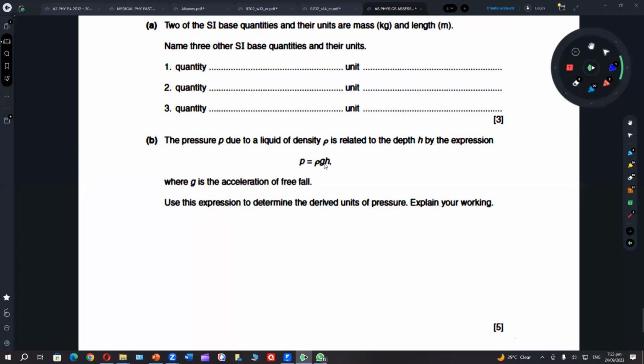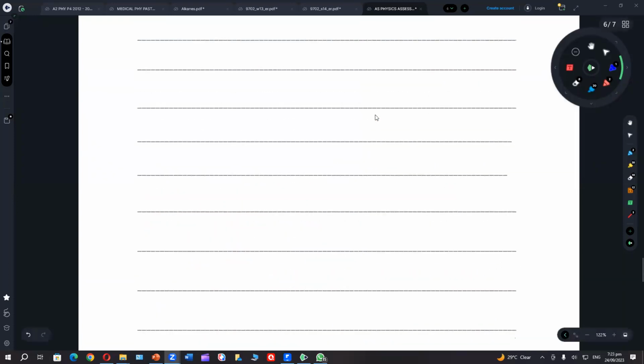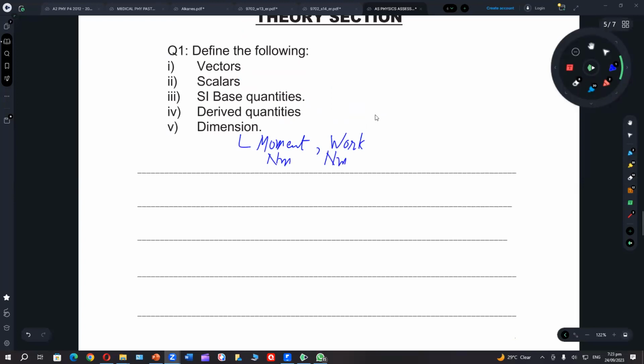Actually, the concept of dimension should be well understood by a sentence: two quantities are physically different. Let's see how it works. Doesn't matter, it's the first test. So let's discuss this concept. We will say that work and moment have the same unit, but they are physically different.